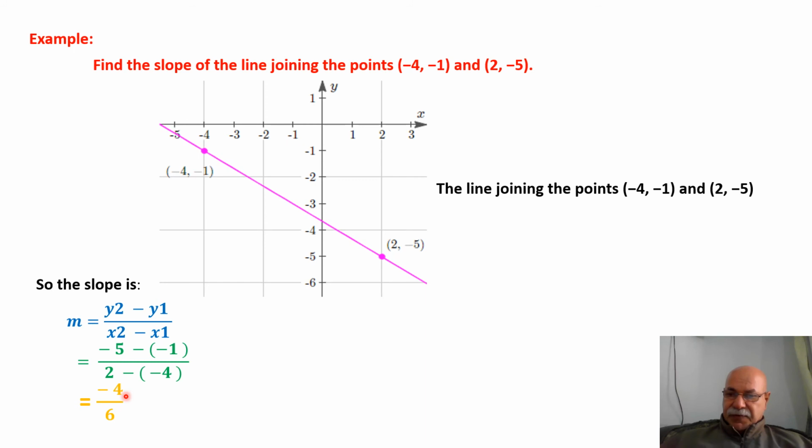So it becomes -4 over 6. This is negative, which is why the line is coming downhill, opposite. The result is -2/3.